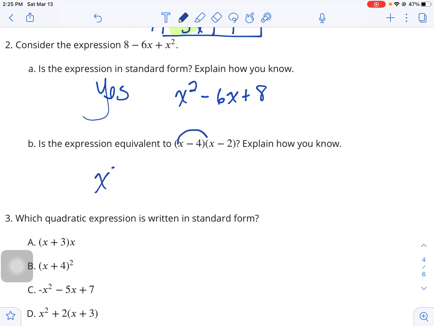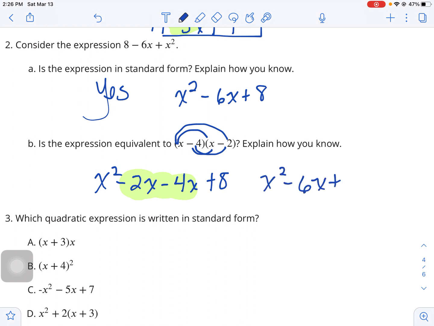We'll multiply x times x, which is x squared, x times negative 2, which is negative 2x, negative 4 times x, which is negative 4x, and then we have plus 8. And when we combine our middle terms, which are both x terms, we do get x squared minus 6x plus 8. So yes, that is equivalent.